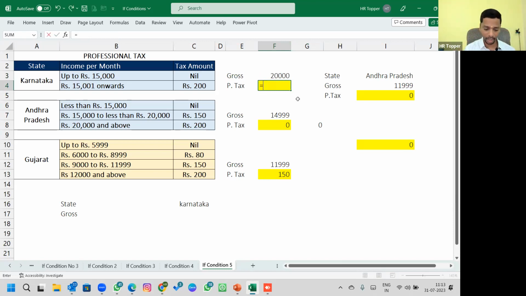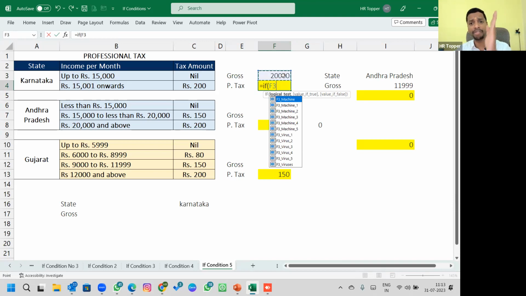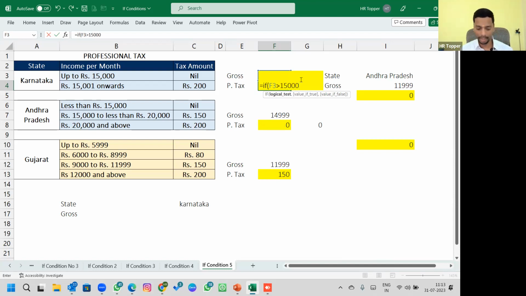So let's start. Equal to IF, open the bracket, if gross. So I've selected gross. The condition is if gross is up to 15,000, then 0. If gross is more than 15,000, then give me 200, or else 0.